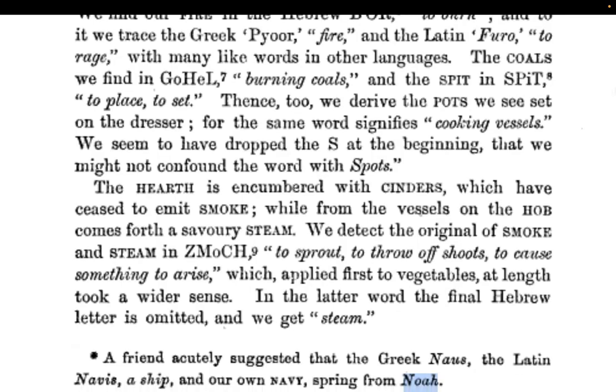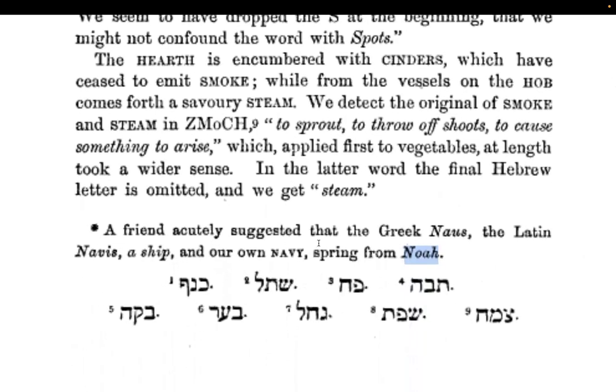And that zamoch right here is zayin, mem, chet, which applied first to vegetables, at length took a wider sense. In the latter word, the final Hebrew letter is omitted, and we get steam.